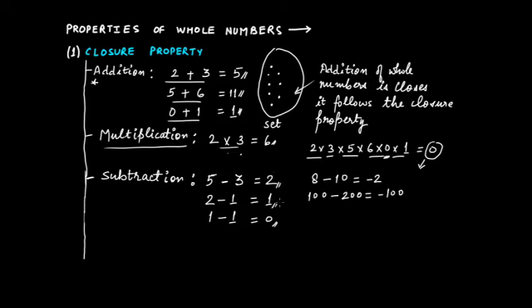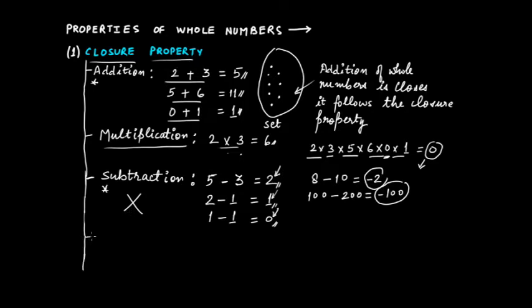While applying subtraction, you saw that in these cases you got the whole number, but in these examples you didn't get the whole number, you got negative integers, and a negative number cannot be a whole number. Therefore it's very clear that subtraction does not follow the closure property, right? The subtraction of whole numbers is not closed.